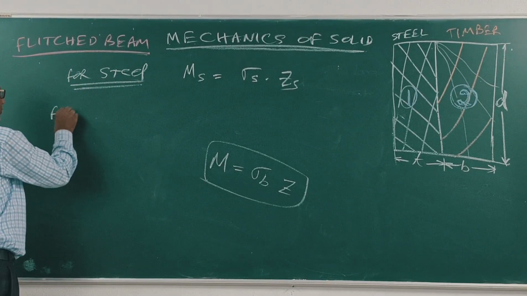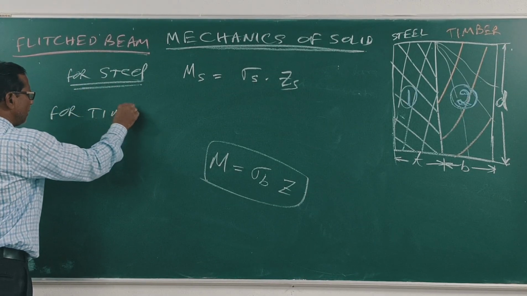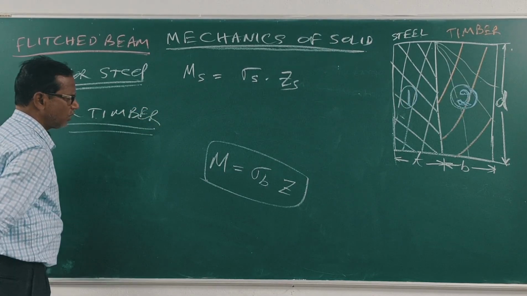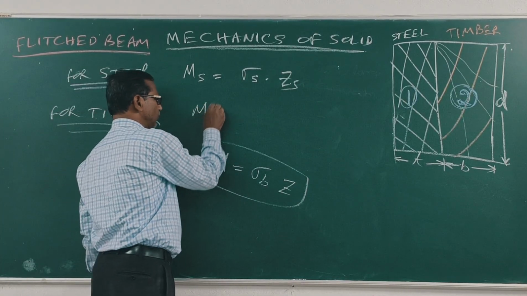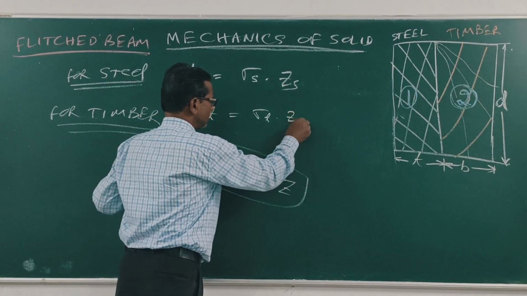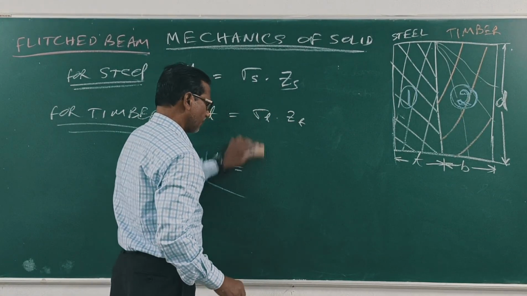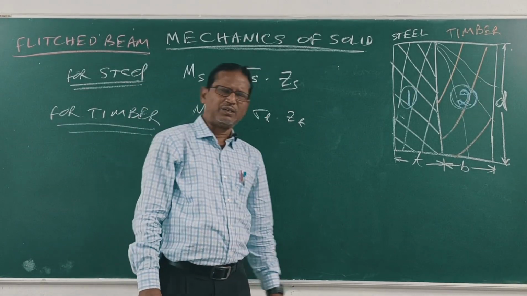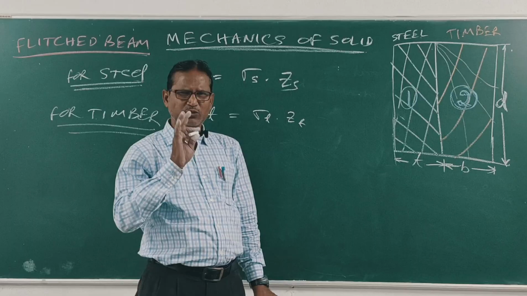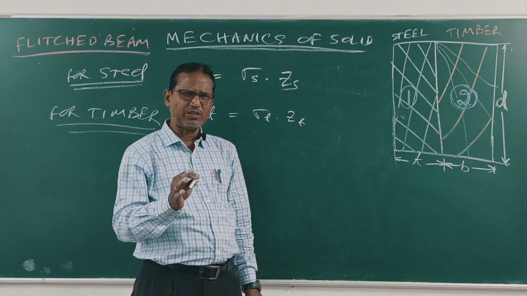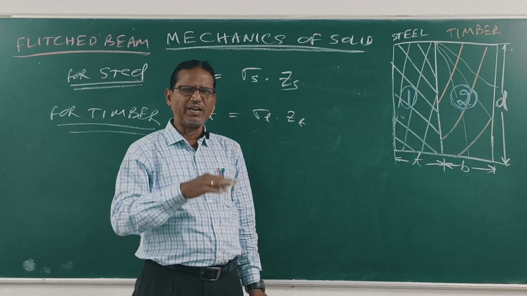For timber, Mt is equal to sigma t into Zt. Now, according to the definition, the total moment of resistance is equal to the sum of the moments of resistance for steel and timber.